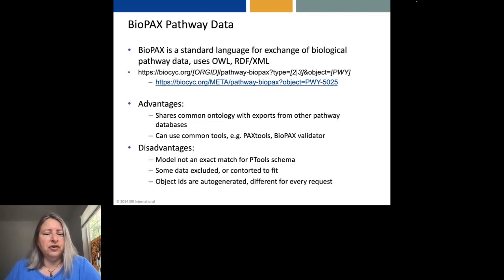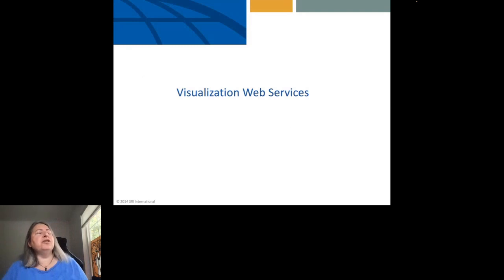So every time you issue the request, you'll get different IDs. And the BioPAX data does contain the links to the BioCyc identifiers. So it's all there in the data, but the actual object IDs are going to be different for every request. So those are our data retrieval services.